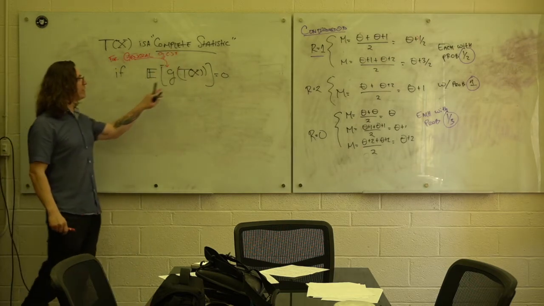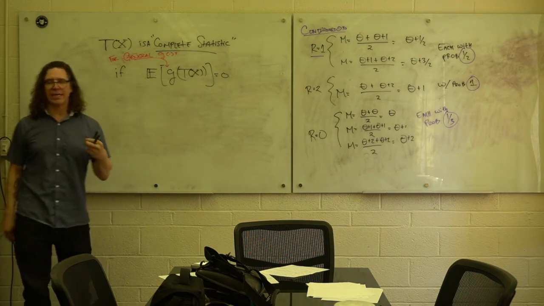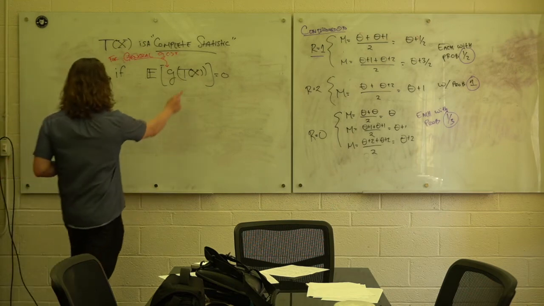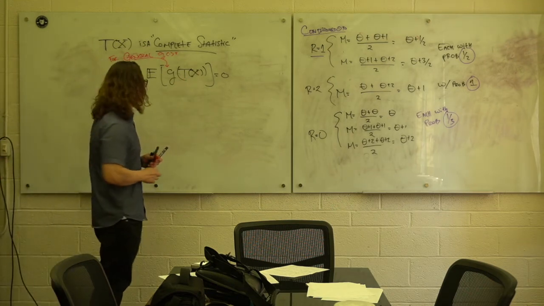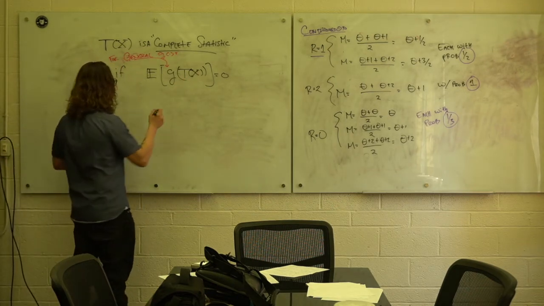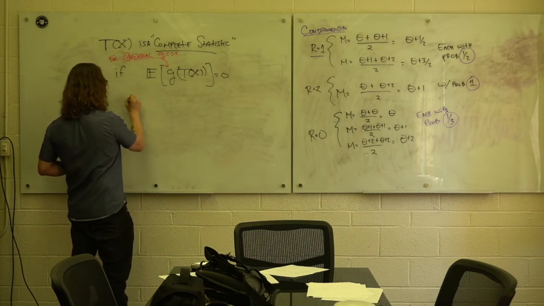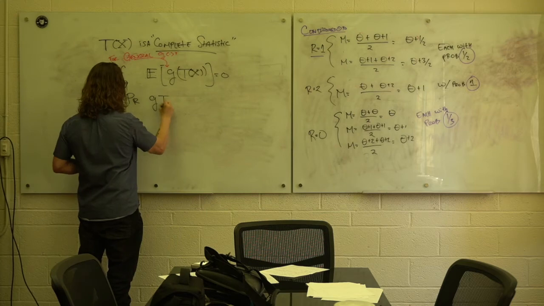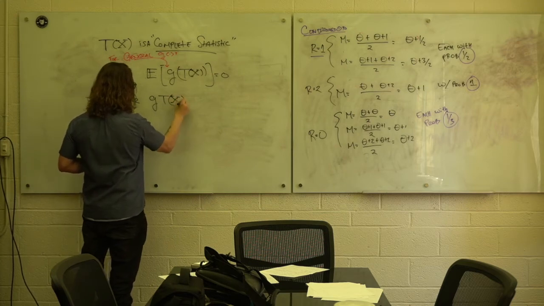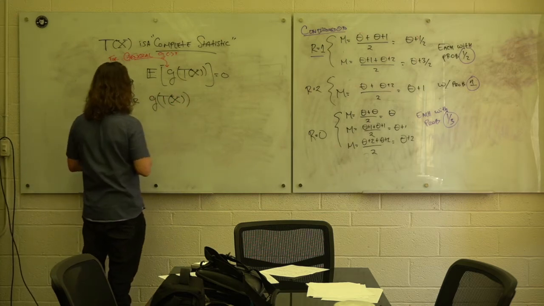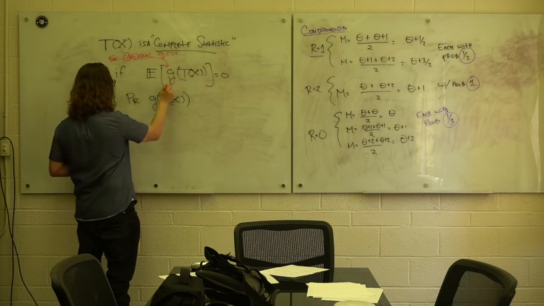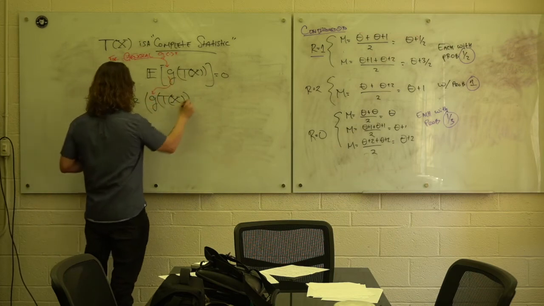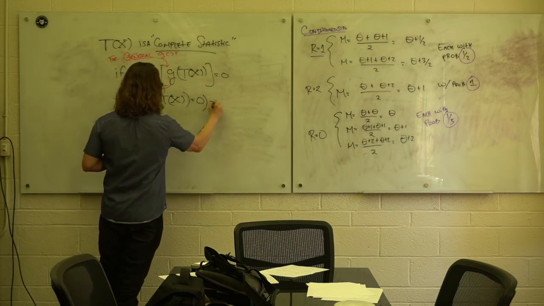So I'm saying if there is a function g such that the expectation of this statistic right here is equal to 0, that's going to imply that the probability that g(T(X)), same function, so we don't change the g, is equal to 0 is equal to 1.